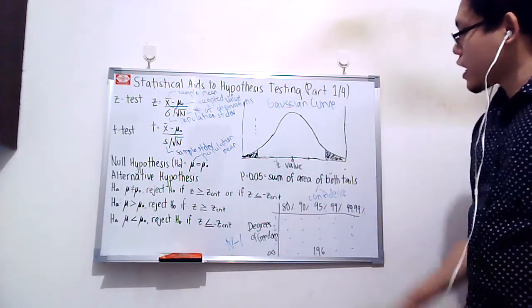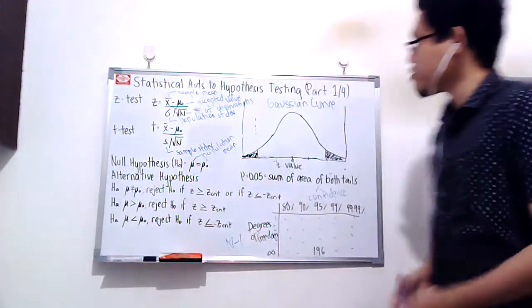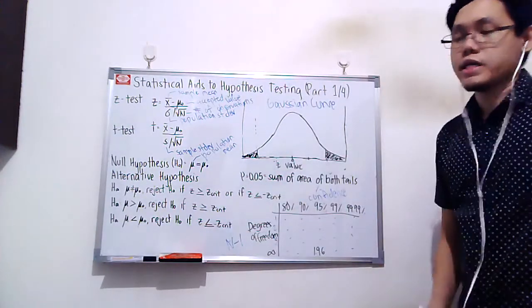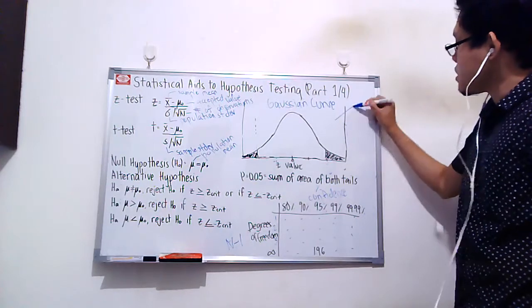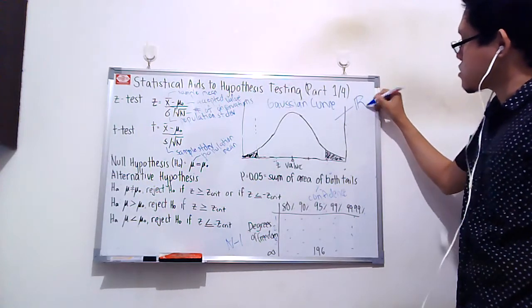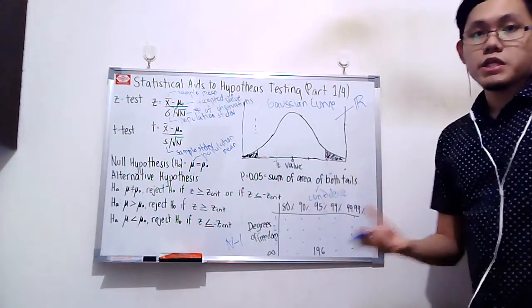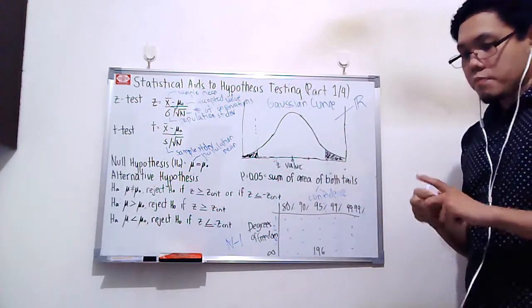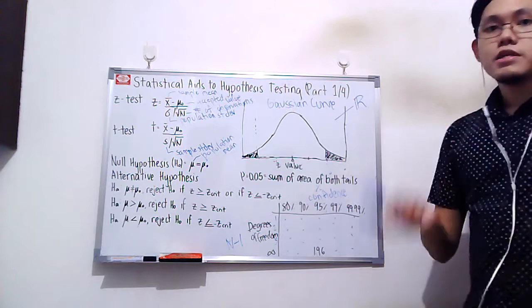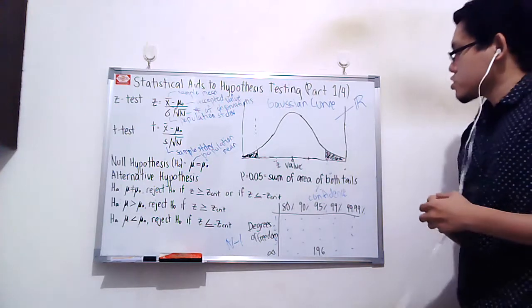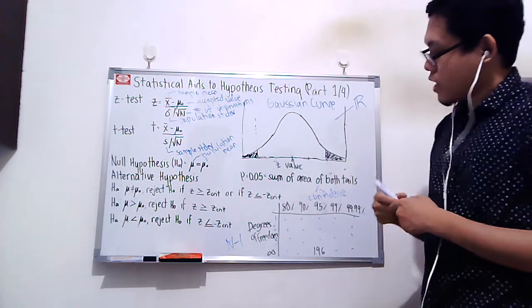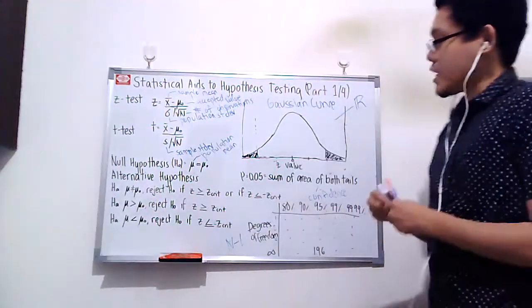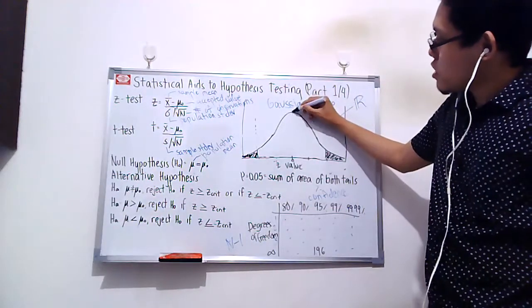The area of this Gaussian curve, the event space, happens in the set of real numbers, so it can be negative or positive, but it cannot include non-real numbers. In this Gaussian curve, you have a peak, which is your mean.